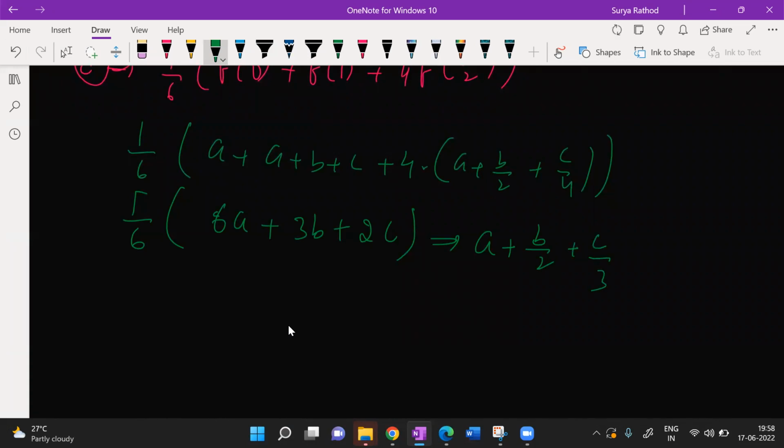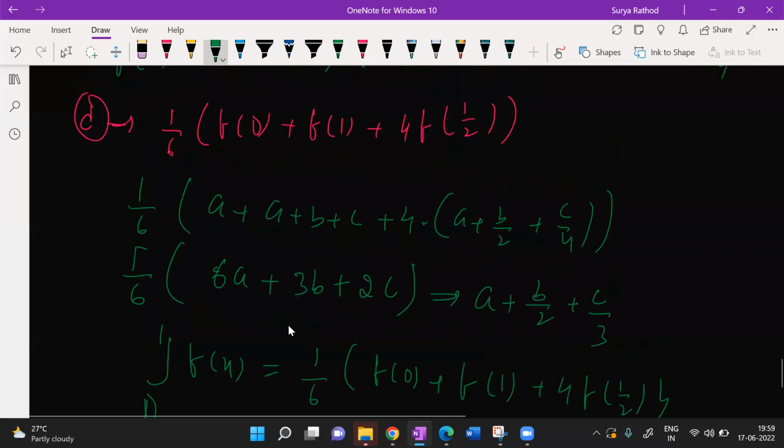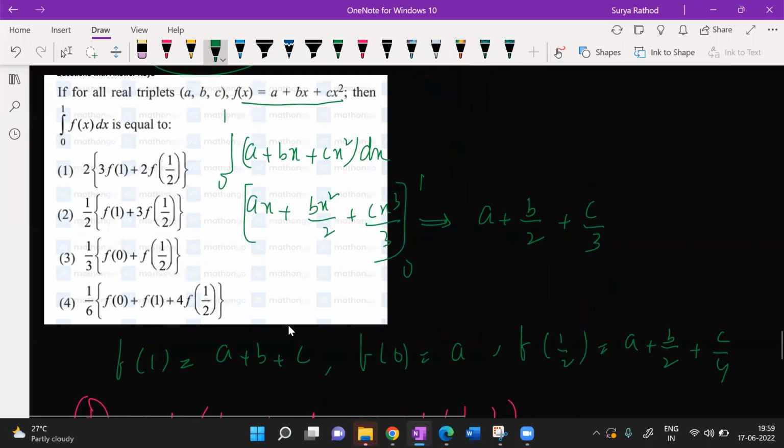Now look at this here. Integral 0 to 1 of f of x is nothing but 1 by 6 times f of 0 plus f of 1 plus 4 times f of 1 by 2. This is the answer. Why did we get this?